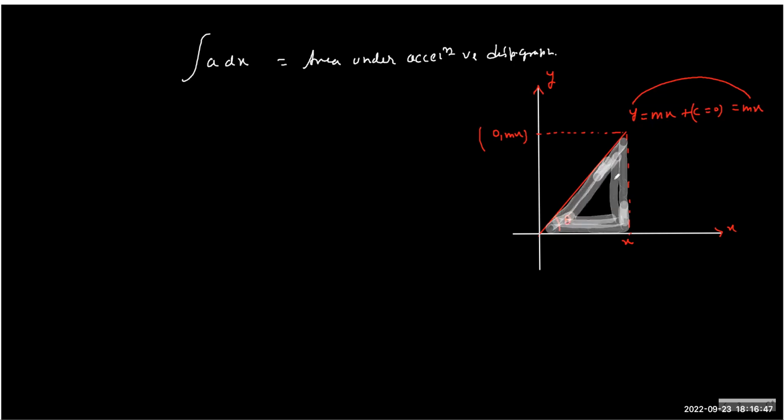So can you find the area of this triangle? mx square by 2. So half into base into height. Is this correct? So the answer is mx square by 2, which is the right answer. All of you are okay with this answer?